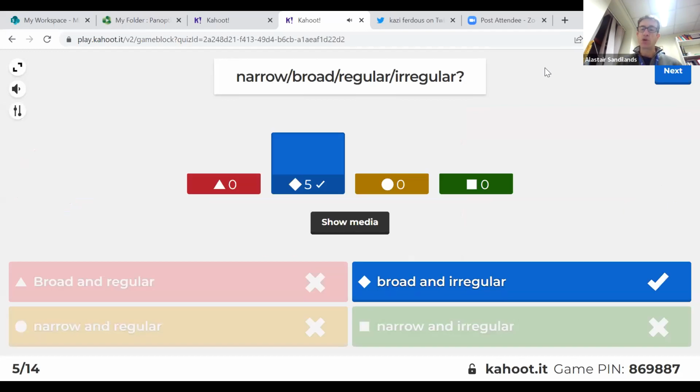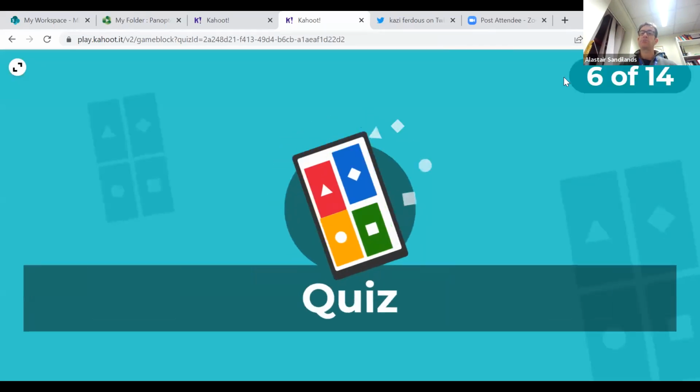Yeah, well done. So broad and irregular. So you're going down the right-hand side of the algorithm, broad and irregular.